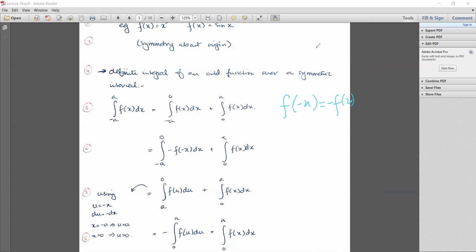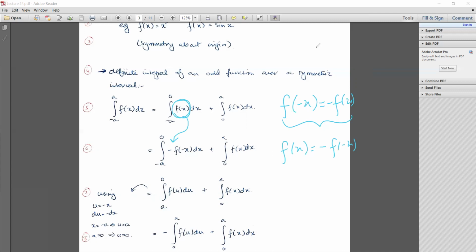So that means that just multiply both sides by -1. That gives you f of x is negative f of negative x, right? I just multiplied both sides with -1. So this f of x here, I can write it as negative f of negative x, right?